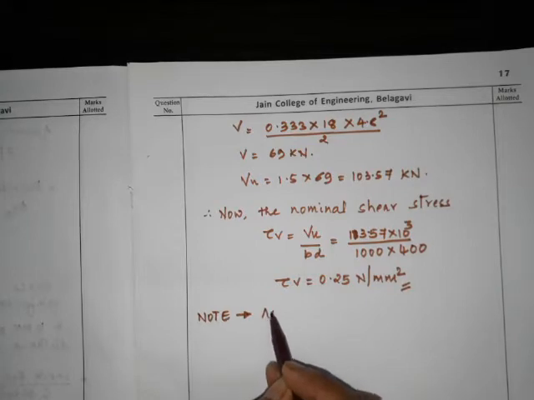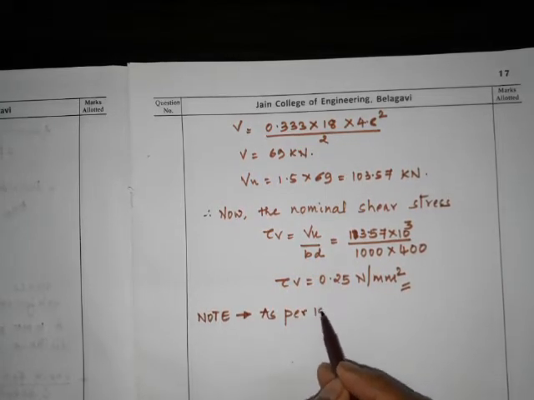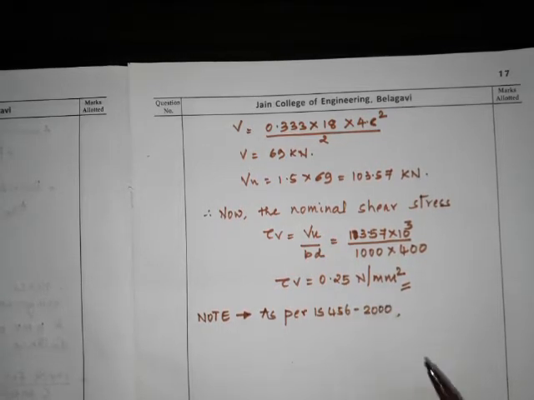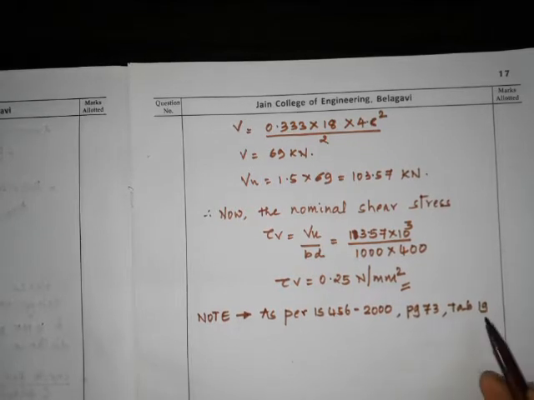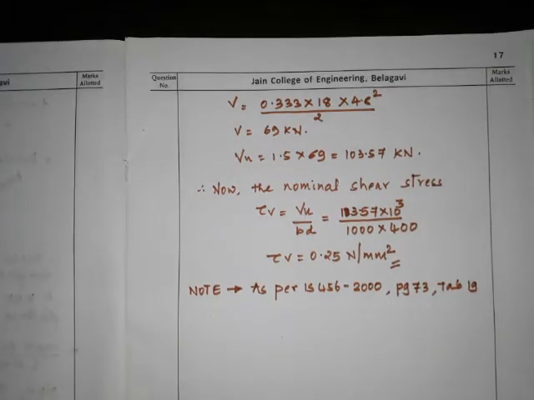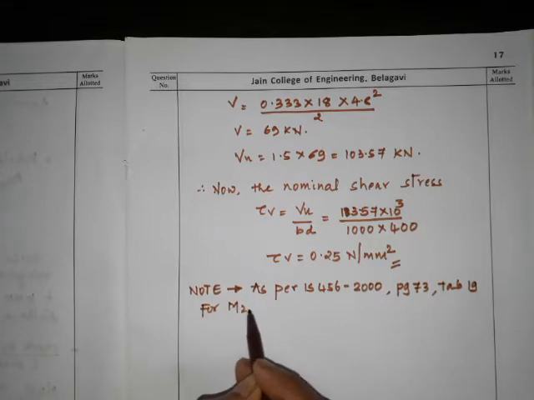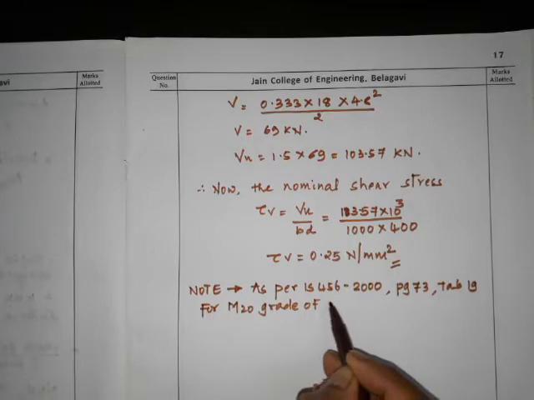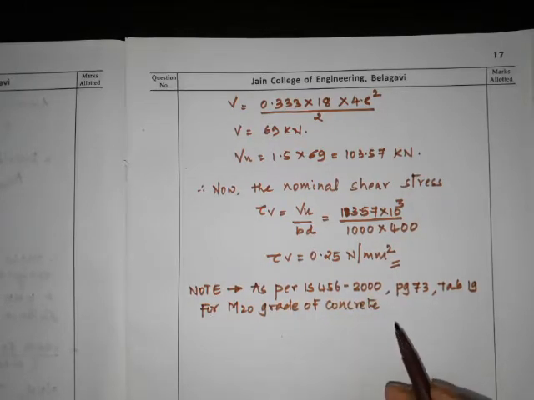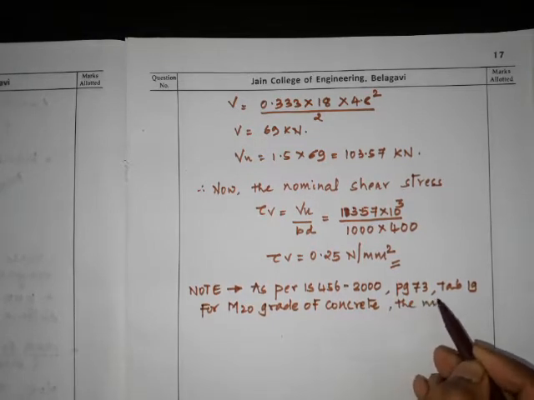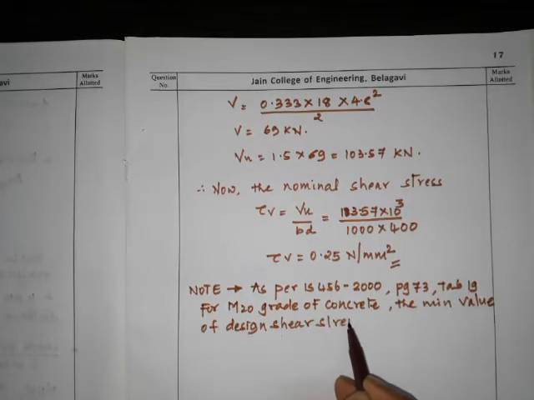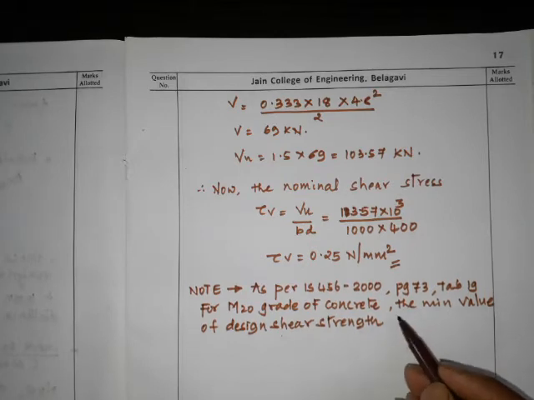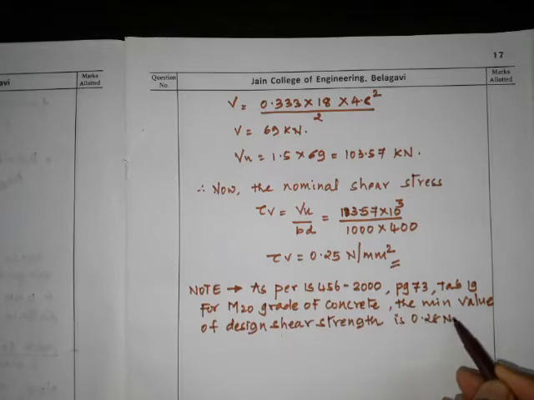As per IS 456 2000, page number 73, Table number 19, for M20 grade of concrete, the minimum value of design shear strength is 0.28 Newton per mm square.